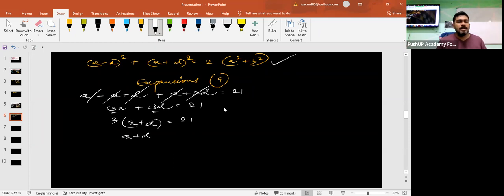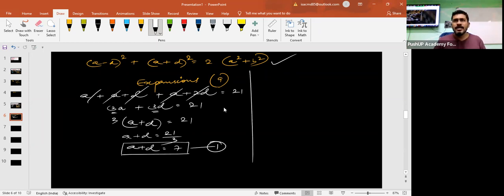So a plus d is equal to 21 by 3, which means a plus d is equal to 7. You get a linear equation in a and d if we use the usual pattern of a, a plus d, a plus 2d.